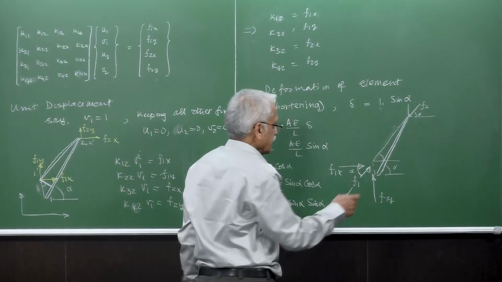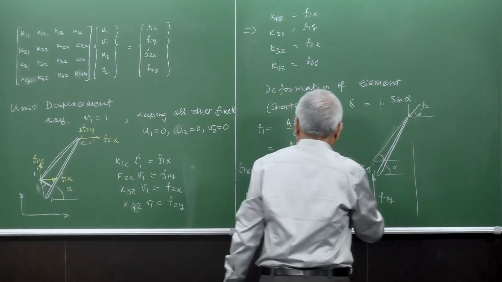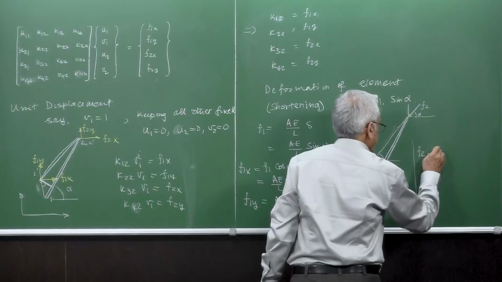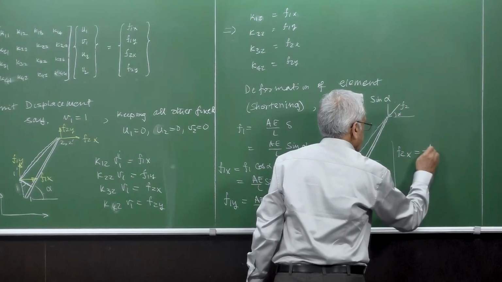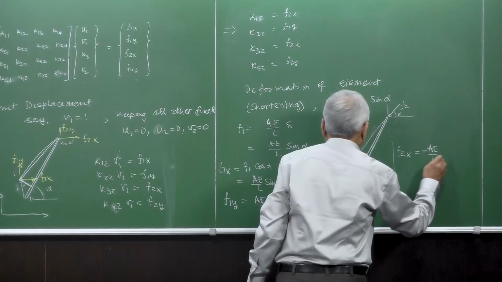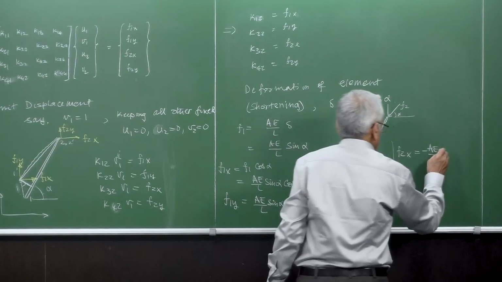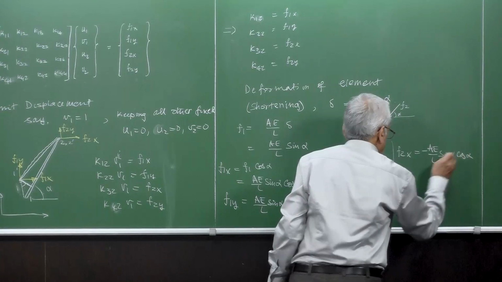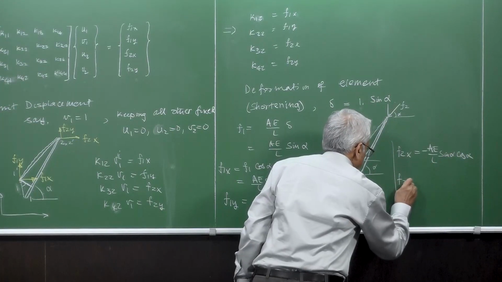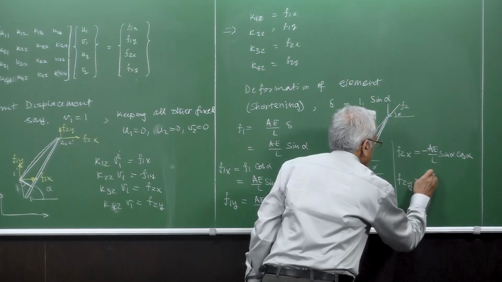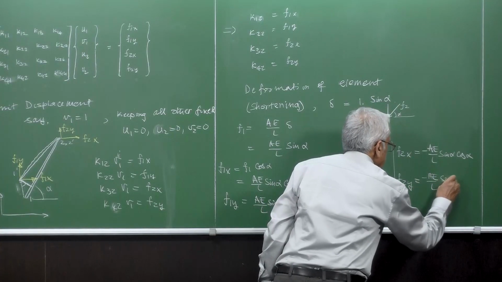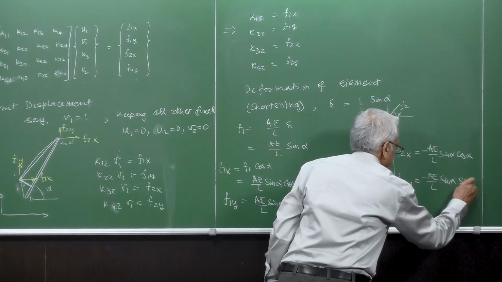So I'll continue here exactly. Here, that means F2x is minus AE by L times sin alpha cos alpha, and F2y here is minus AE by L sin alpha sin alpha.